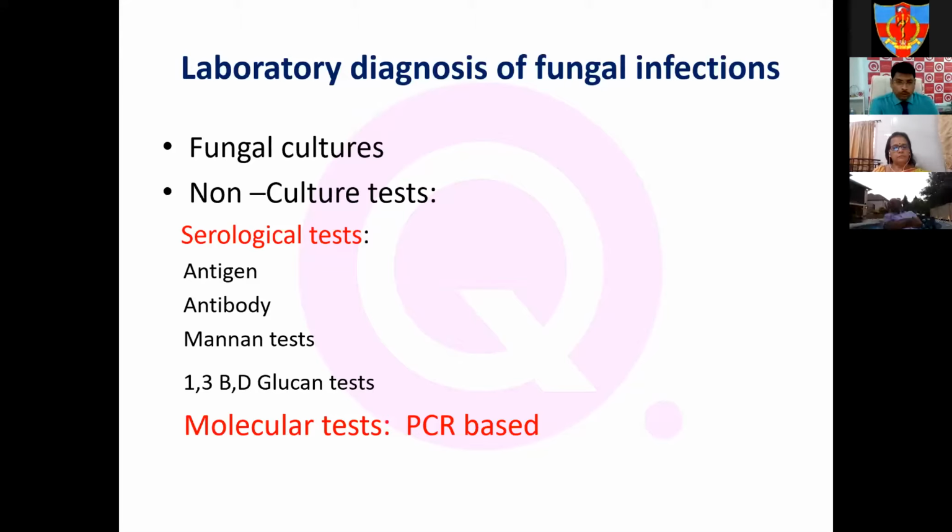And molecular tests have also started coming up, and PCR-based tests have the advantage of not only detecting the particular species of the fungus, but also the ability to detect certain genes that are responsible for resistance to particular antifungals. So all this is possible with current-day technologies.